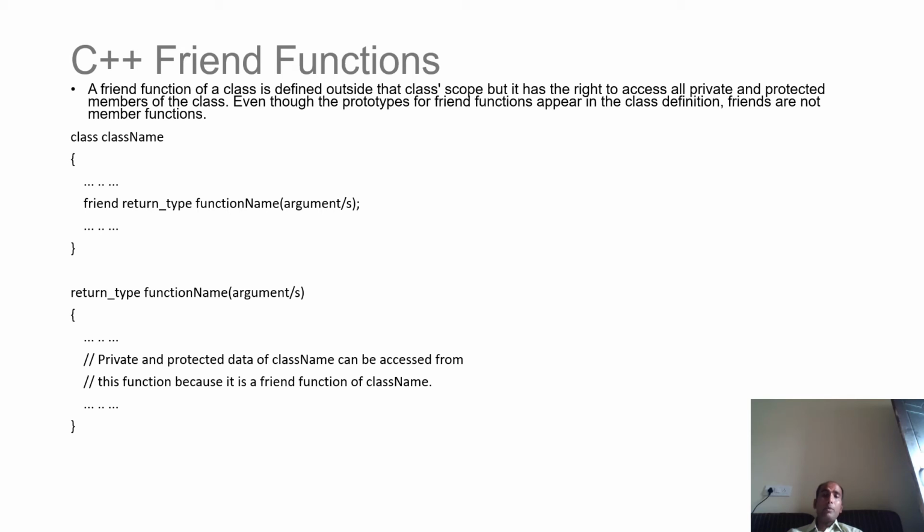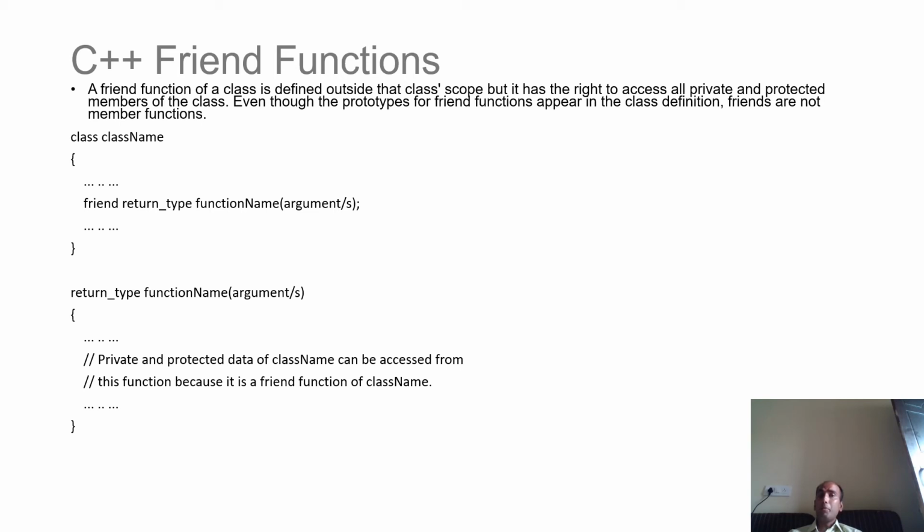So at the time of declaration of a friend function, you need to use the friend keyword. But using the friend keyword doesn't mean that the function belongs to that class. Wherever I live, nobody knows that I am your friend. My definition is independent from you.